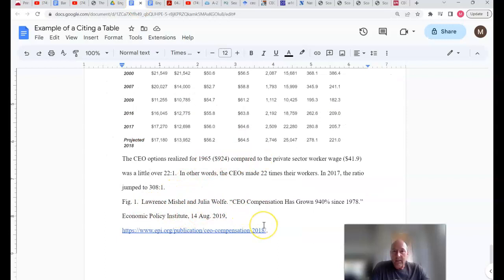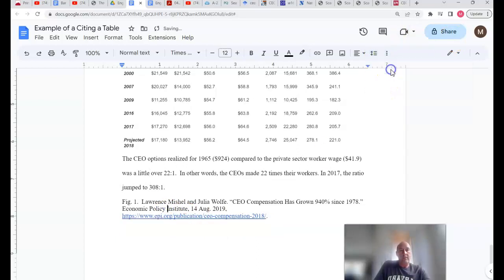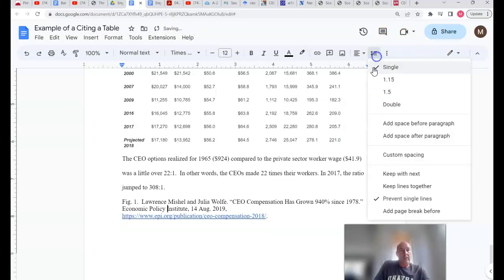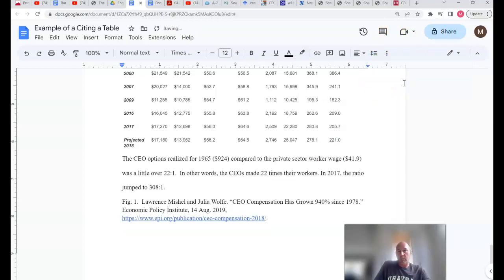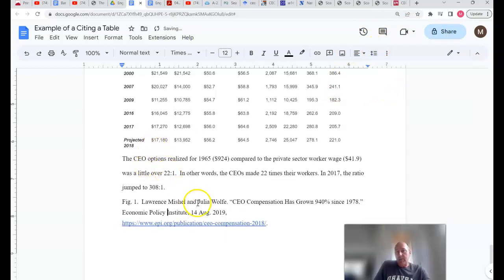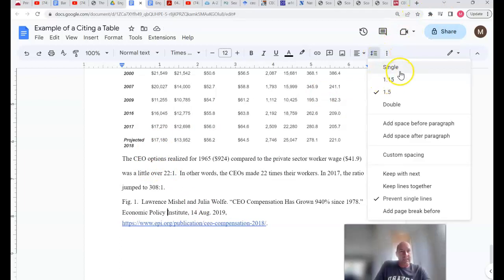So here's a thing that is a little off script that I kind of alluded to in the last video. I really don't mind if you make these single space, or 1.15, or 1.5 instead of double, just because it's kind of ugly, and I really want you to help the reader see.